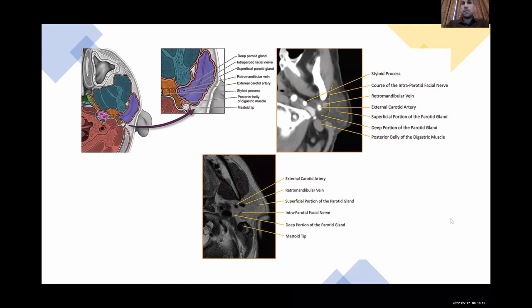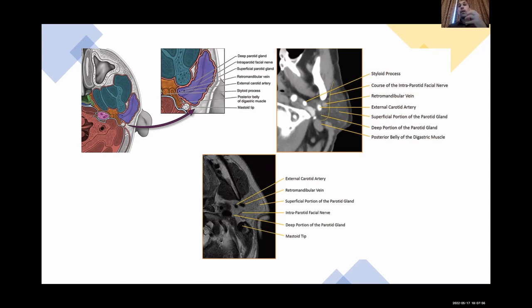The parotid gland is a very important structure, not because of its function, but because of the structures related to it: the vascular structures, the nerves, the termination of the facial nerve, and the connections between the facial nerve and the trigeminal nerve nearby, the region of perineural spread.